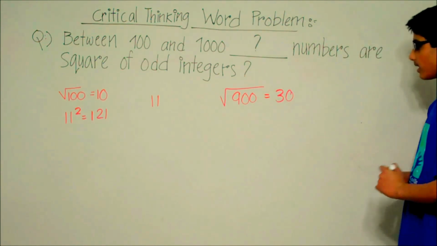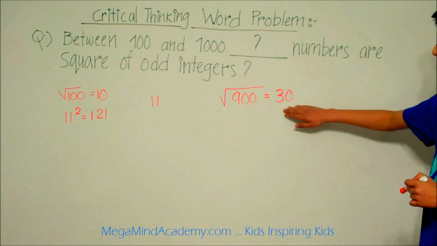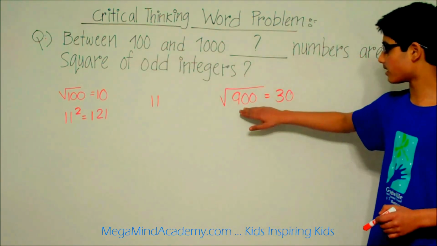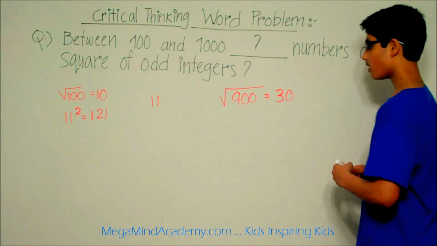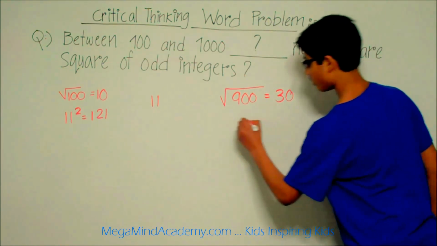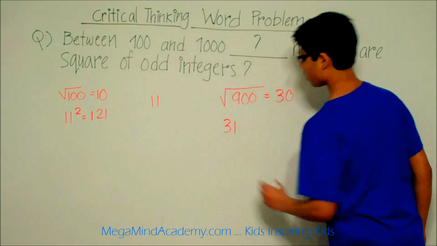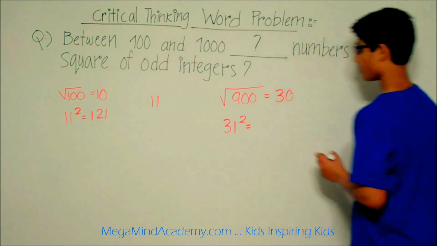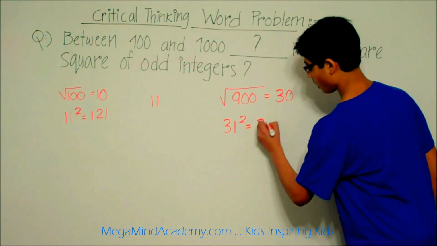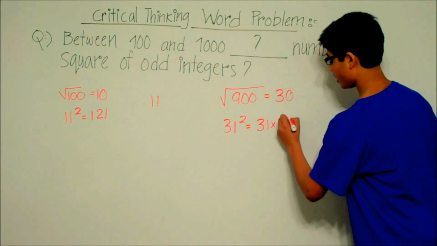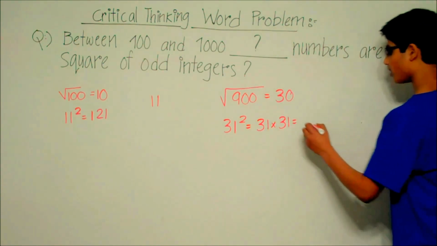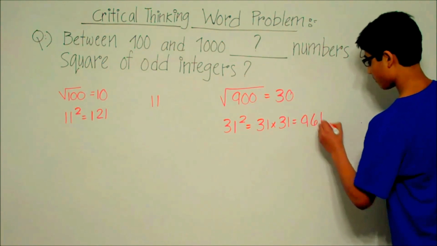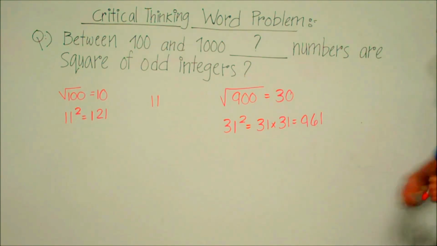So the nearest odd integer to 30 is 31. Let's see what 31 squared is equal to. This is 31 times 31, which is equal to 961.